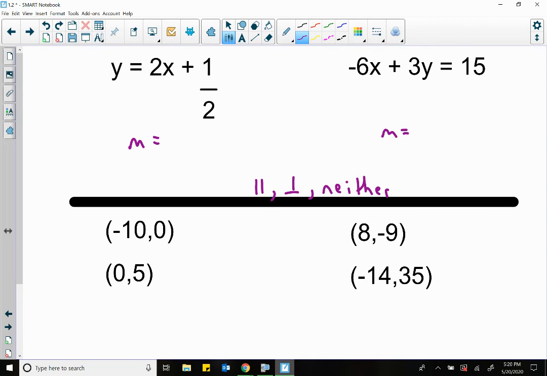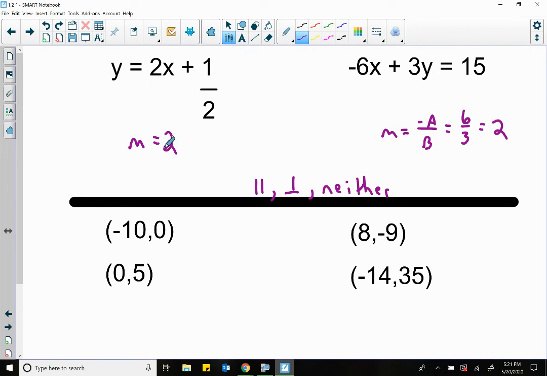All right. So, up here, obviously this one's easy. This is in slope-intercept. So the slope is 2. Over here, if you did the little formula, opposite of A over B, you found out that you had 6 over 3, which is 2.